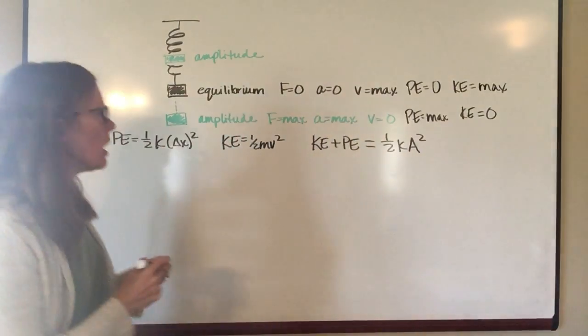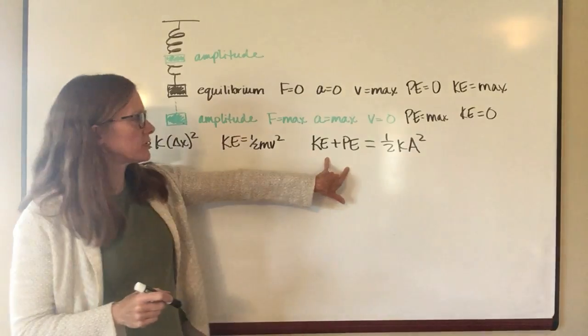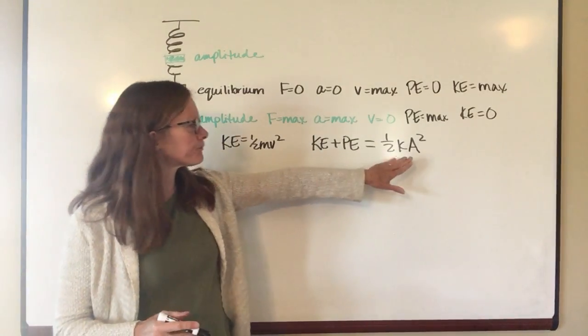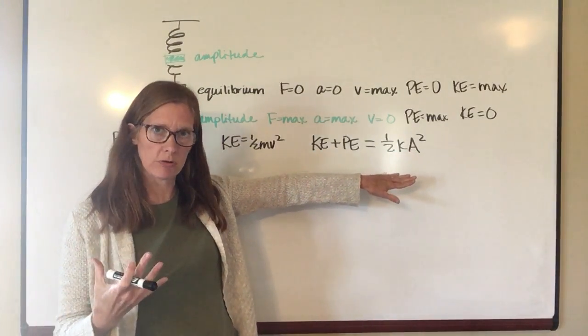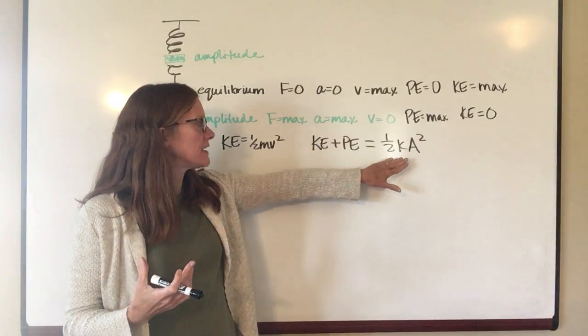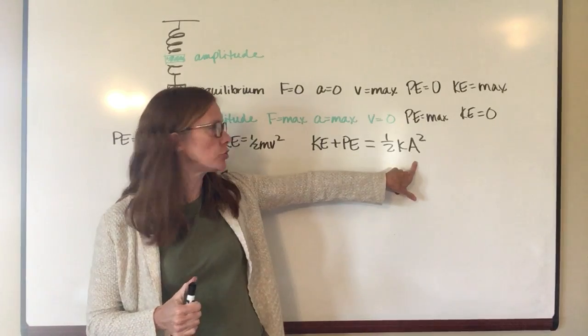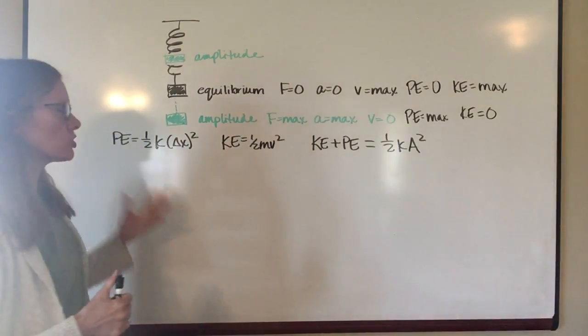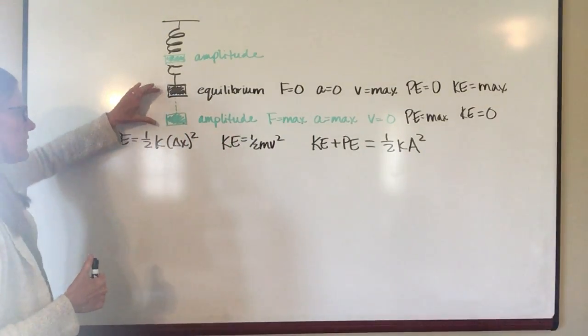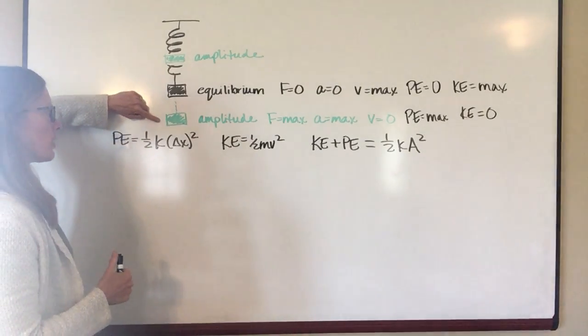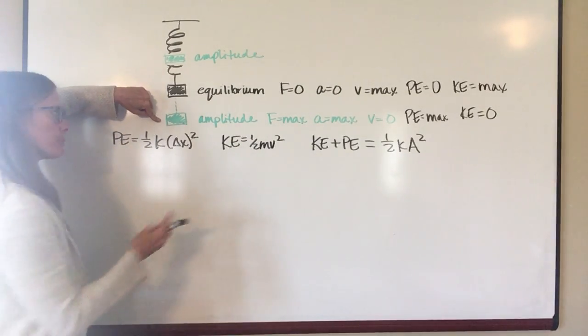So the kinetic energy plus the potential energy is going to be the total energy at any point in time. And they say that that's equal to 1/2 k A squared, where A is equal to your amplitude. Now, that should make sense because the amplitude is going to be the maximum amount of displacement.